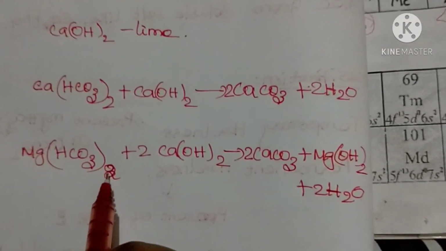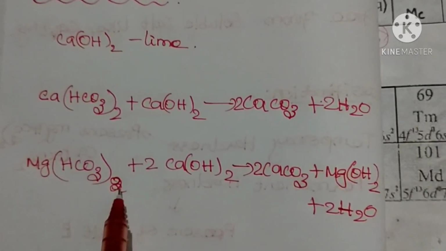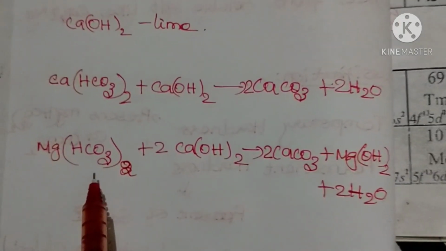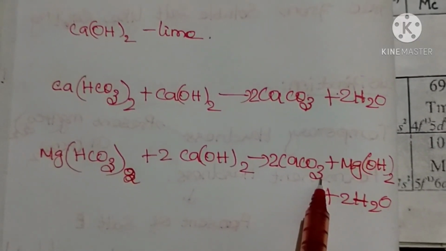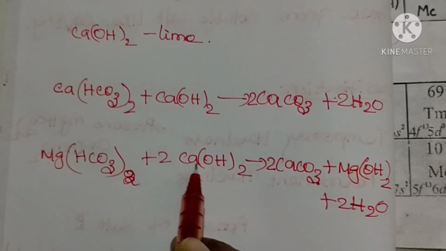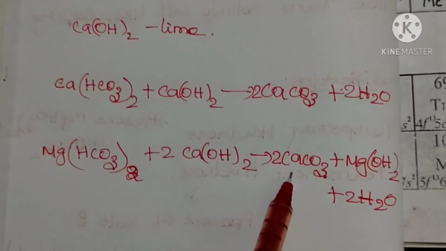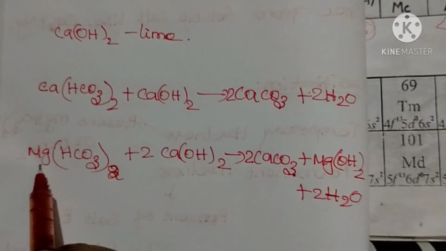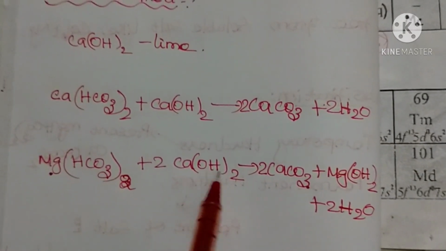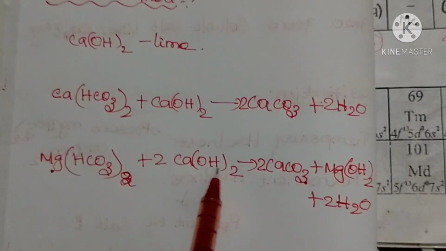See this reaction. 2 molecules of calcium are present here and combined with 2 molecules of carbonate from the magnesium bicarbonate. Both are combined and form 2 molecules of calcium carbonate. 2 calcium and 2 carbonate.